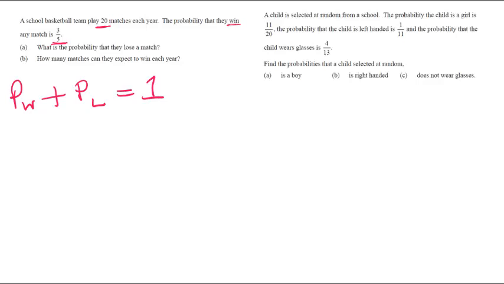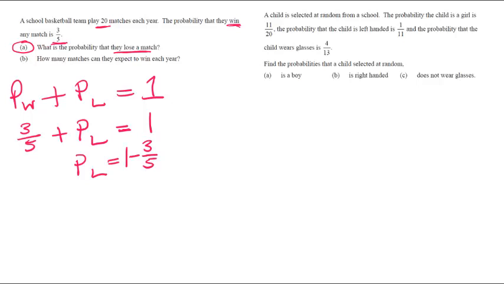The probability that they win is 3 out of 5, plus the probability that they lose is going to be equal to 1. Question A is asking what's the probability that they lose. So the probability that they lose is going to be 1 minus 3 out of 5. Therefore, the probability that they lose is 2 out of 5.